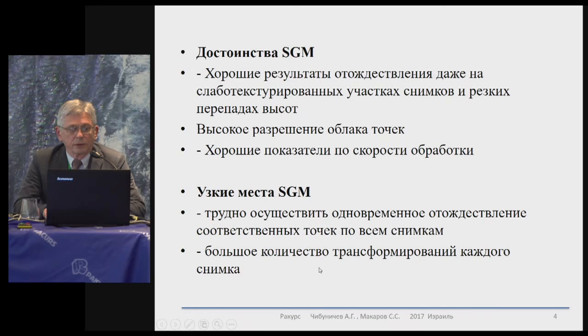But there are also inherent problems to this method, the SGM method, shall we call it this, semi-global matching. It's hard to do the matching of points for all images. Here, the main basis for matching is the stereo pair. That is why we have to transform this stereo pair each time, and there could be potentially a lot of stereo pairs.